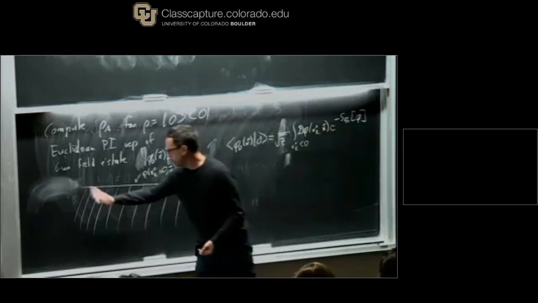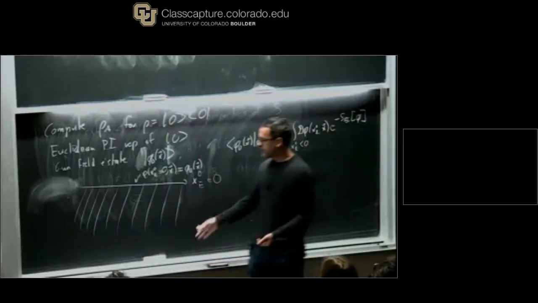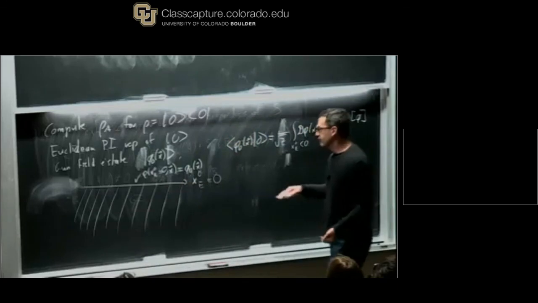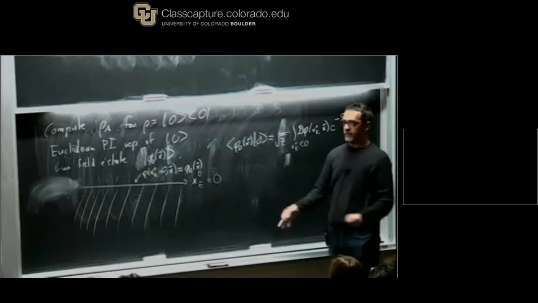So I do a path integral over the half space, and that basically projects me onto the ground state. Okay, so I have a formula for the ground state wave functional in terms of a path integral.